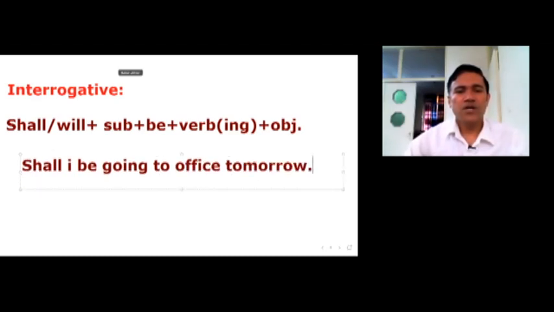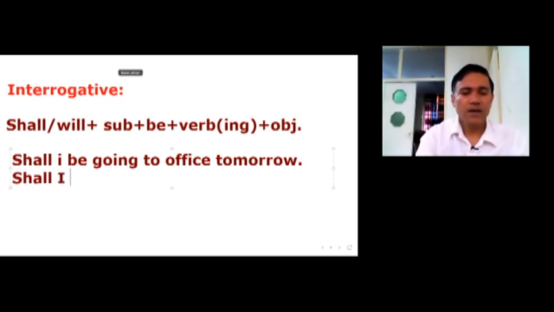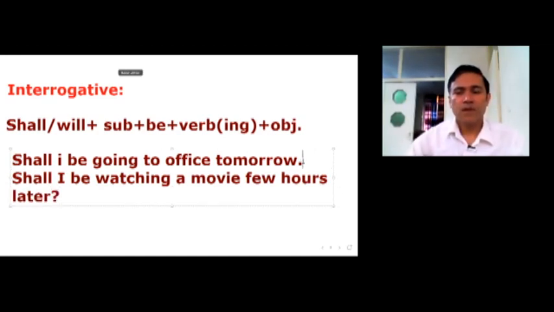Or shall I be watching a movie few hours later? আমি কি কয়েক ঘন্টা পর একটি মুভি দেখতে থাকবো?